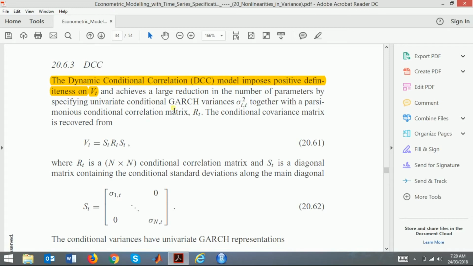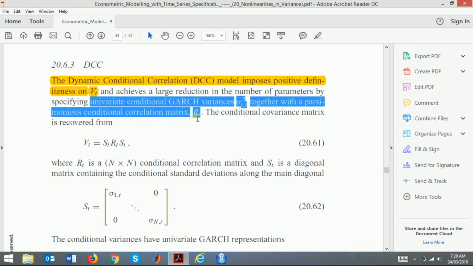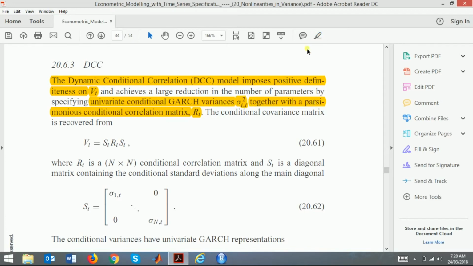One more time. The DCC model imposes positive definiteness on the conditional variance, fine, and it achieves a large reduction in the number of parameters by specifying univariate conditional GARCH variances together with a parsimonious conditional correlation matrix. How? You impose positive definiteness. Up to that point, I understand.